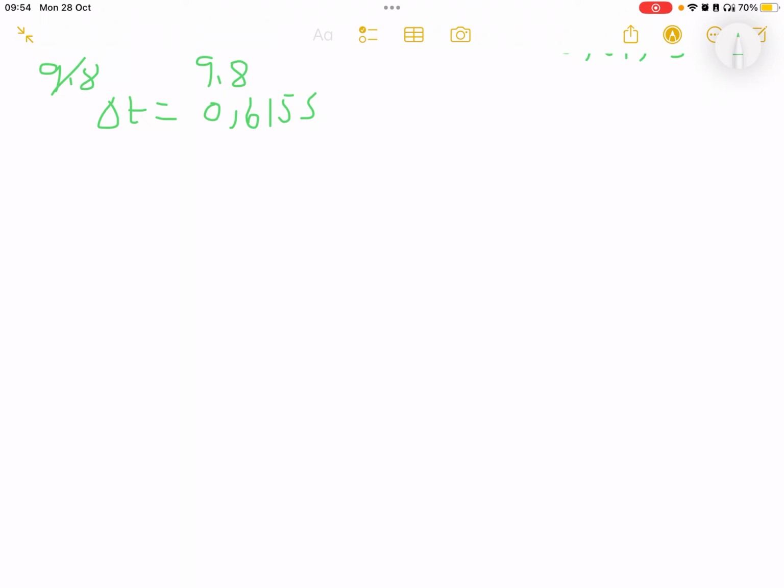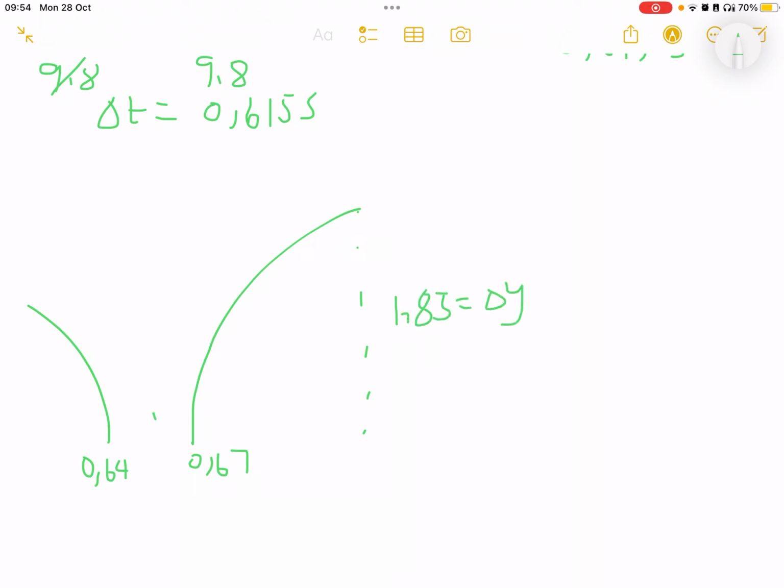So the ball hits the floor at 0.64, leaves the floor at 0.67, gets to maximum height, which is 1.85 delta y, and we want the V initial when it leaves the floor. But do we have the time? You can do a vice versa. So it'll get back here at 1.9.